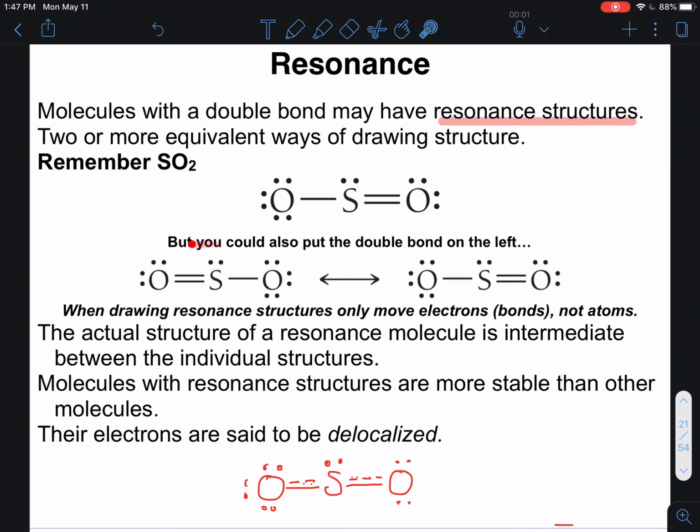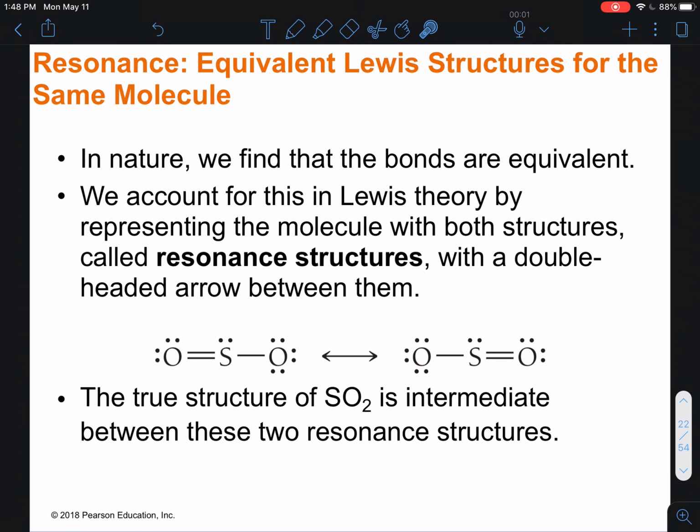But when you're drawing Lewis structures, you can't draw something like this. You need to draw it like this, and you need to show both resonance structures if asked. That's because the double bond can exist here or it can exist here. So again, equivalent Lewis structures for the same molecule.